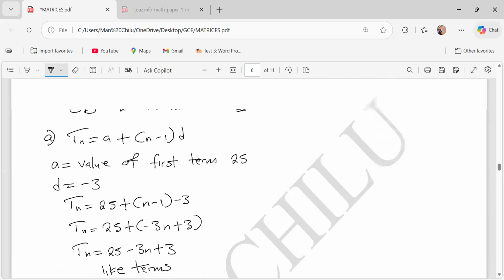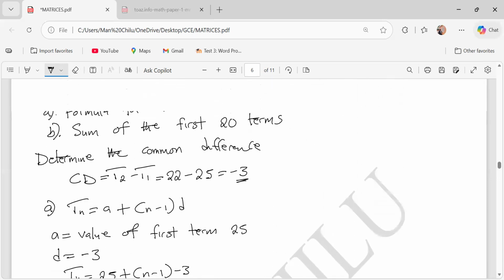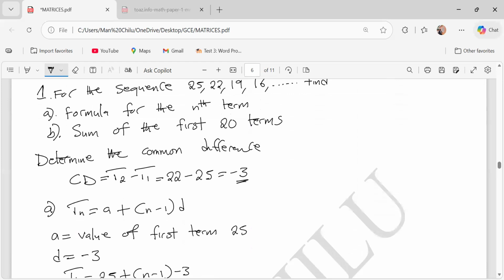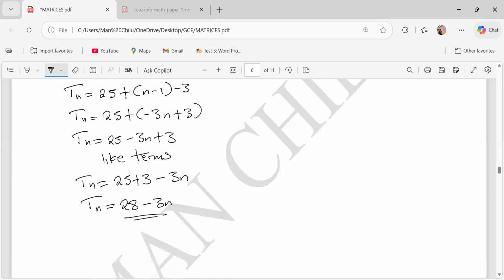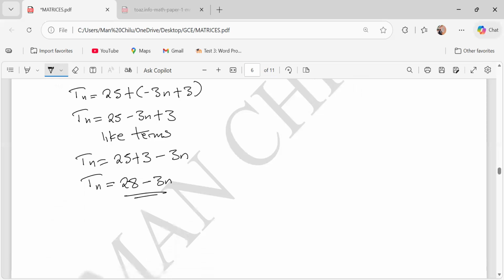Then B, we are asked to find the sum of the first 20 terms. To find the sum of the first 20 terms, you use the formula.